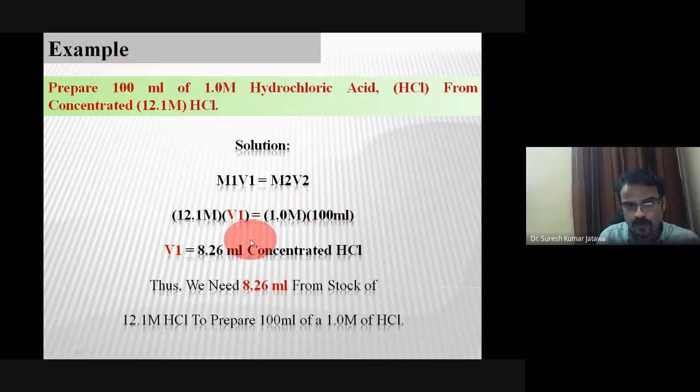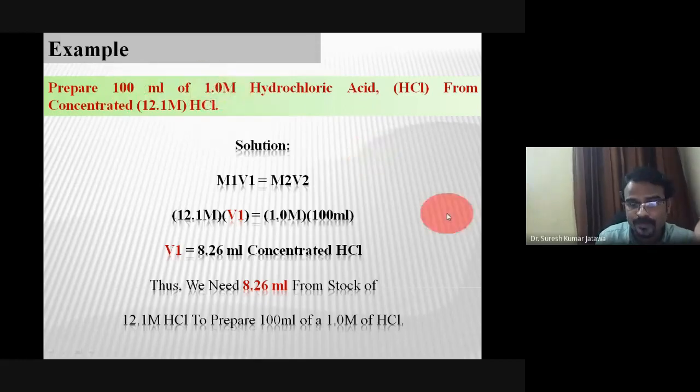So you solve for V1, and it comes to 8.26 ml of concentrated HCl. It means if you take 8.26 ml of 12.1 molar HCl and dissolve it in a total volume of 100 ml solution, the molarity of that final solution will be 1 molar.